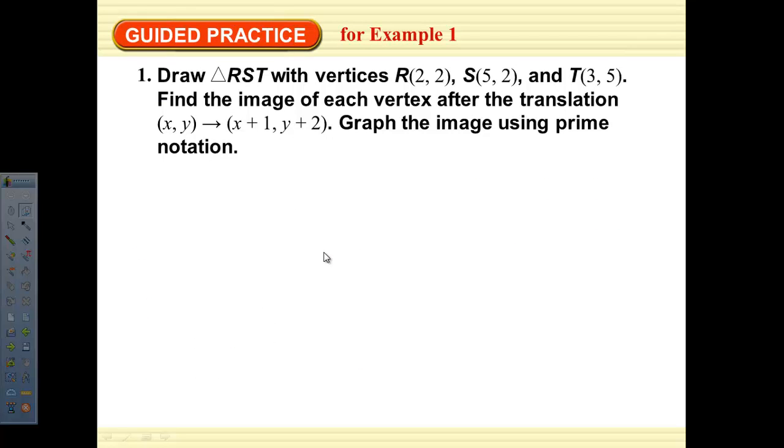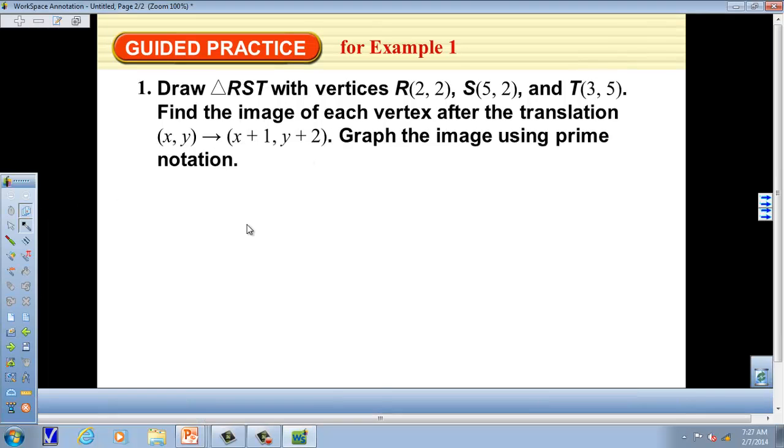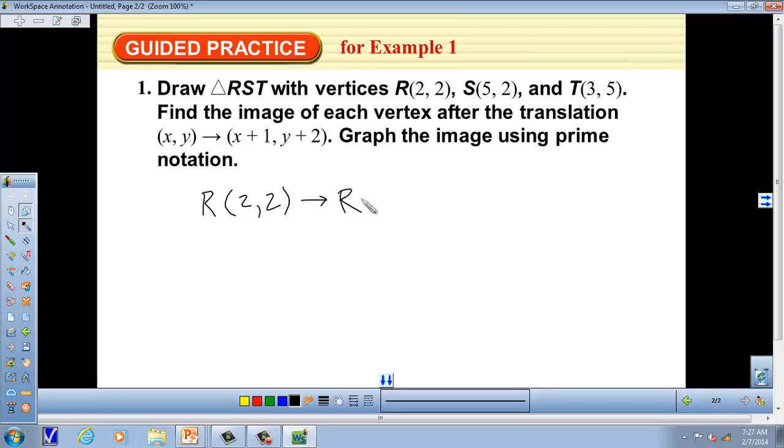Here's another one. This time we're going to move it 1 to the right and 2 up, and graph it as well. So R, which is at 2, 2, becomes R prime, which if we add 1 here it becomes 3, and if we add 2 here it becomes 4.